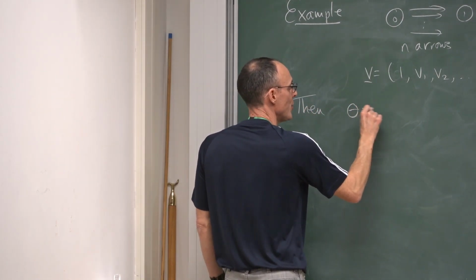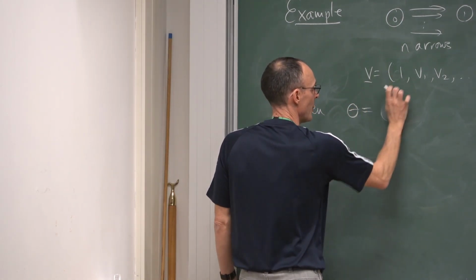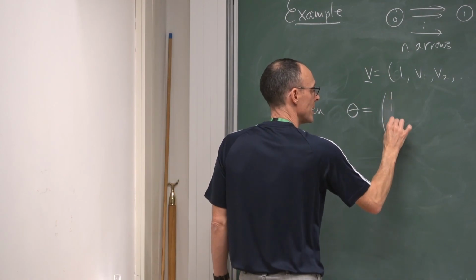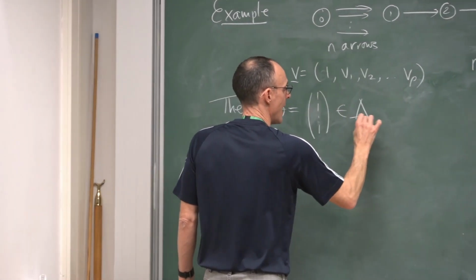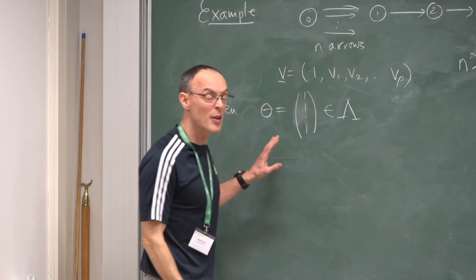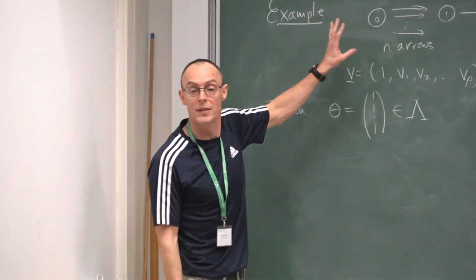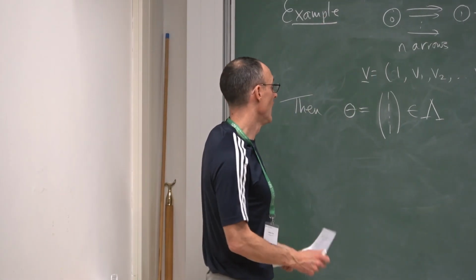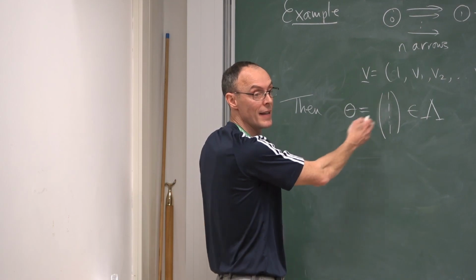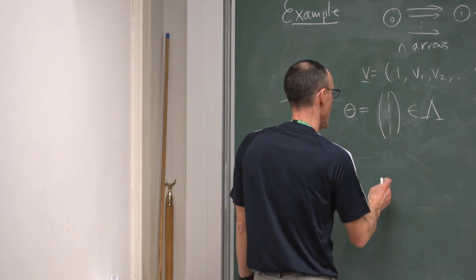Then if I choose theta to be +1, perhaps I've been drawing my thetas as column vectors, so I'll do the same thing in this lambda. It turns out that for this quiver there is only one top dimensional cone in the GIT fan. So I'm just picking anything in the interior of that top dimensional cone.